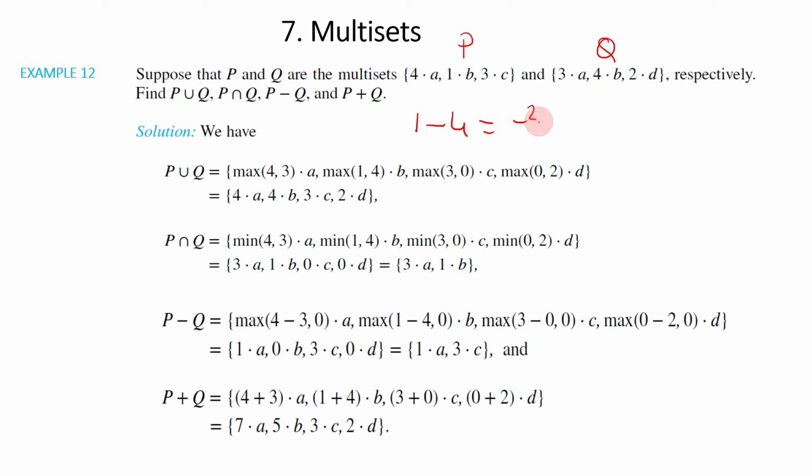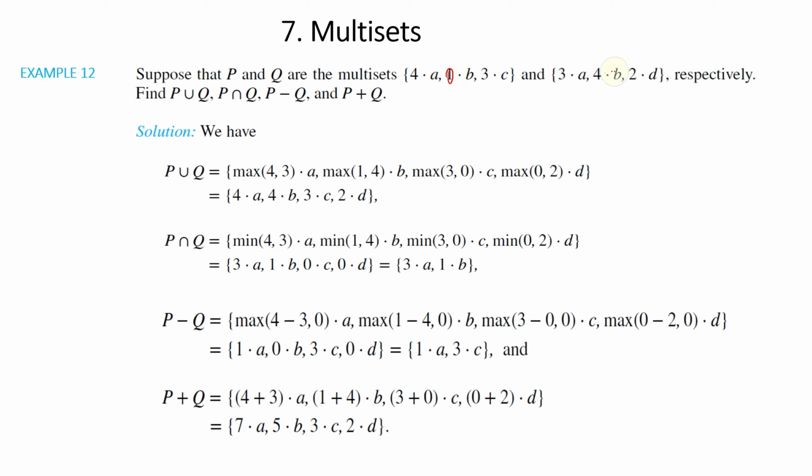This is going to give me minus 3. I'm going to look for the maximum between this minus 3 and 0, because it becomes negative. That's why the 0 is here: if this one is smaller than the number that is here, I'm going to remove that number completely, and it's going to be left with 0.